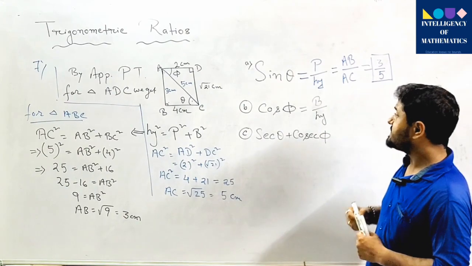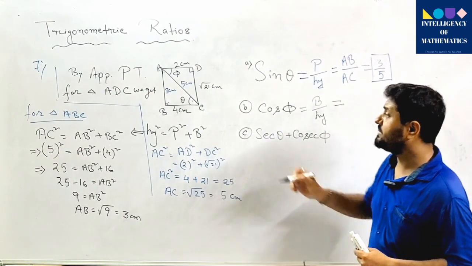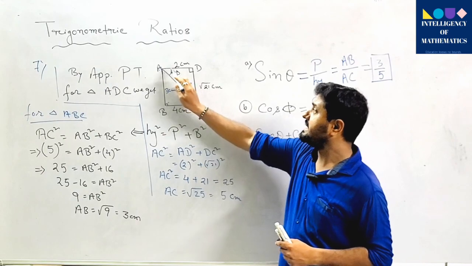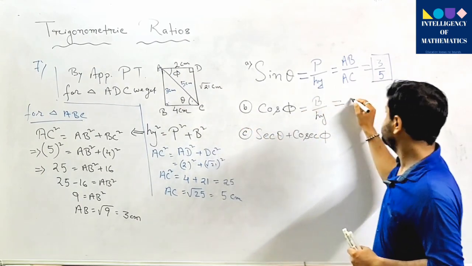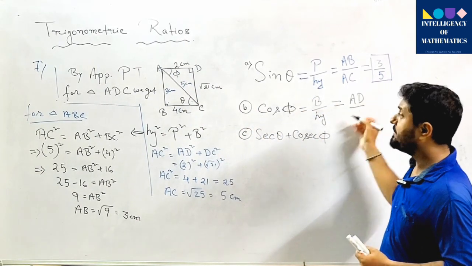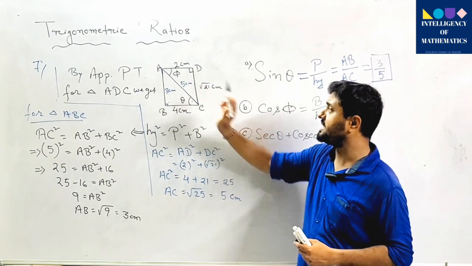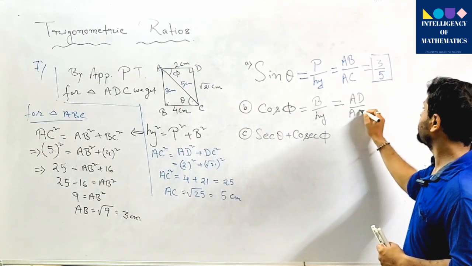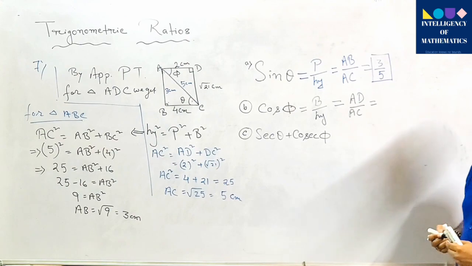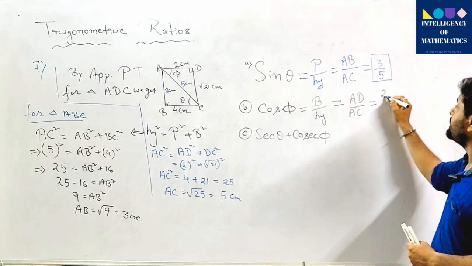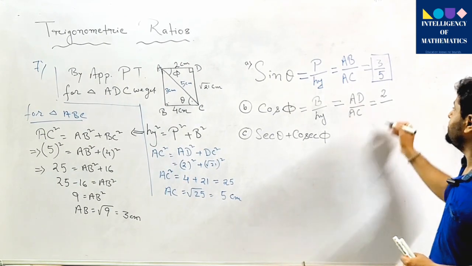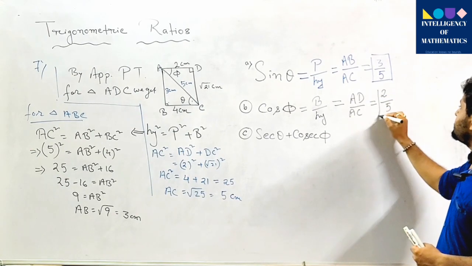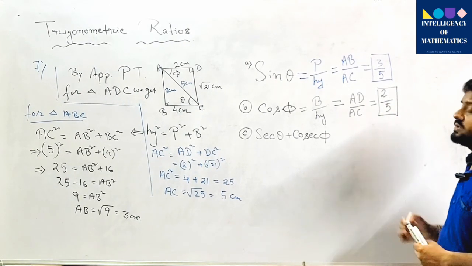So the base according to this angle is AD, and the hypotenuse in front of this right angle is AC. If you put the values, AD's value is given as 2 and AC's value is given as 5. The answer of this will be 2 by 5.